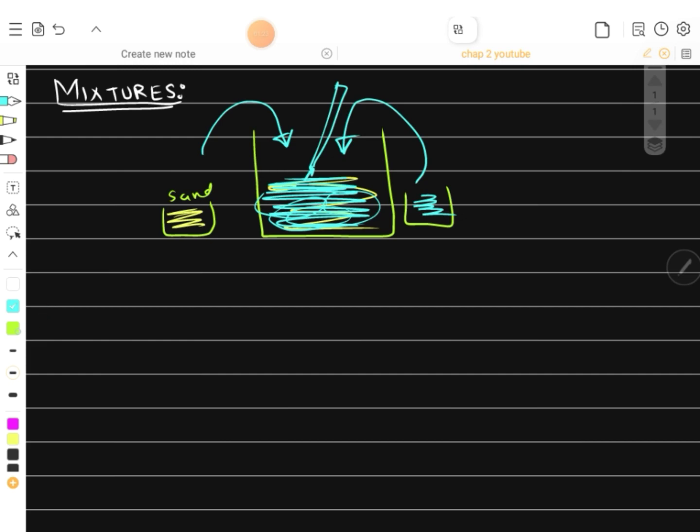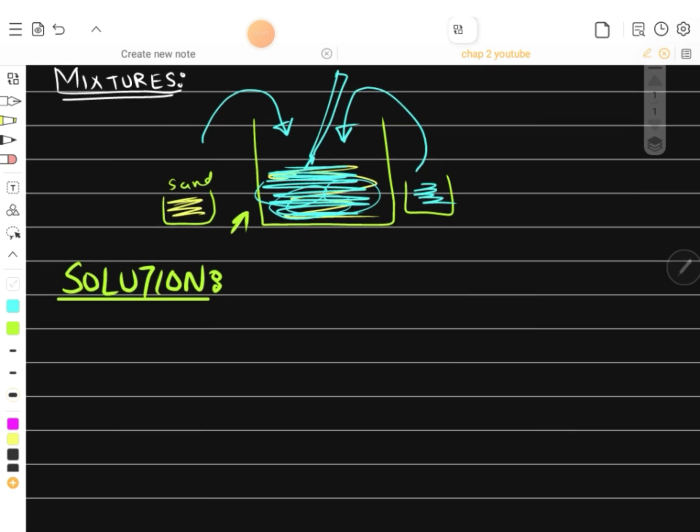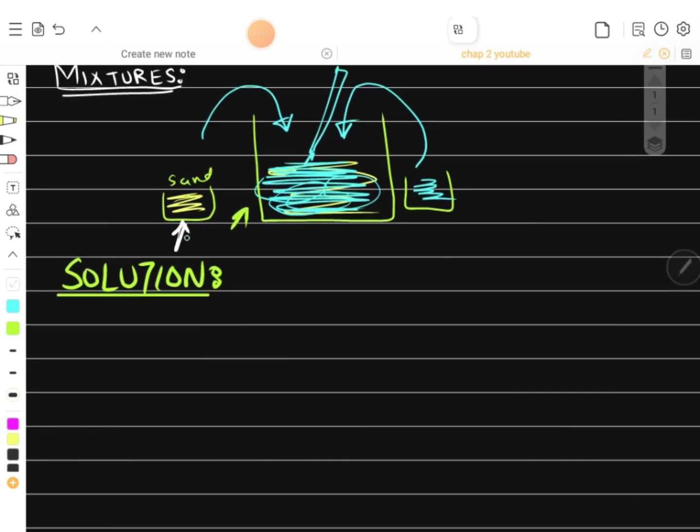So moving on to our second topic, solution. What we have just prepared over here is a solution. Then what is a solution? A solution is made of a solute and a solvent. The sand over here is not the right example for this.